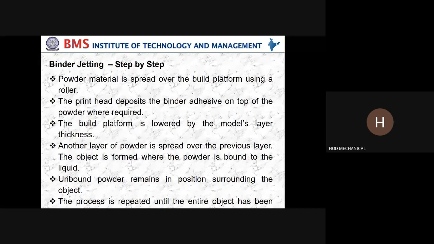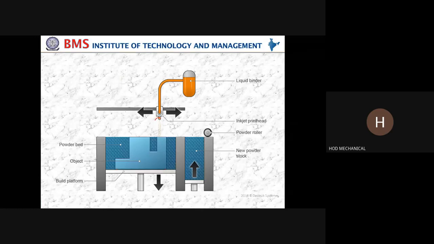Whatever you are spraying is a liquid binder, and wherever it is required, the binder is going to be present. Now in the first layer, let's assume this is going to be the thickness.